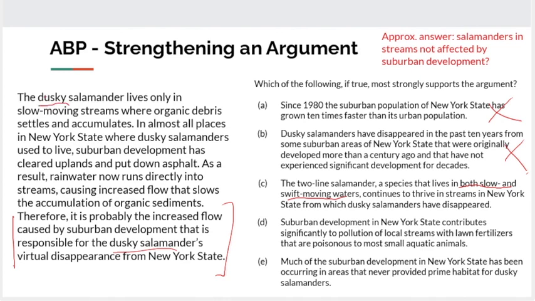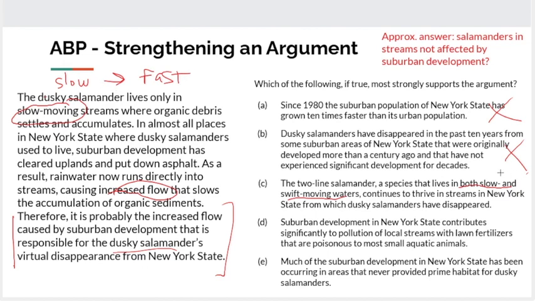So note that the passage says that the dusky salamander lives only in slow-moving streams. Those are streams that have been disturbed by this suburban development. What has that suburban development done? It has increased the flow and basically turned those slow-moving streams into fast-moving streams.